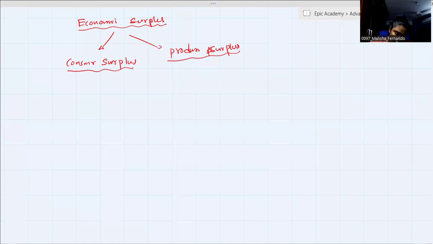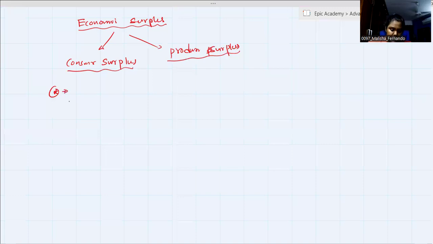So first of all, we have to identify the meaning of consumer surplus. Now we are going to identify consumer surplus.